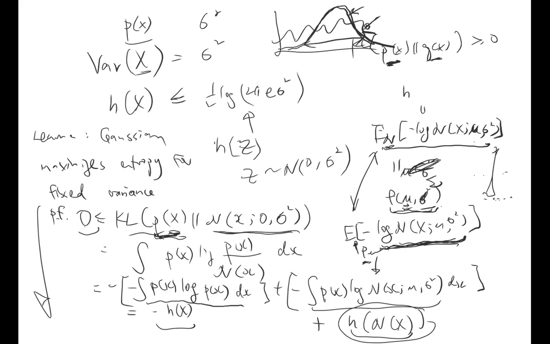And again, we can make the same argument that this is a function of mean and covariance matrix, and because the Gaussian distribution also has the same covariance and mean, these two values will be the same.